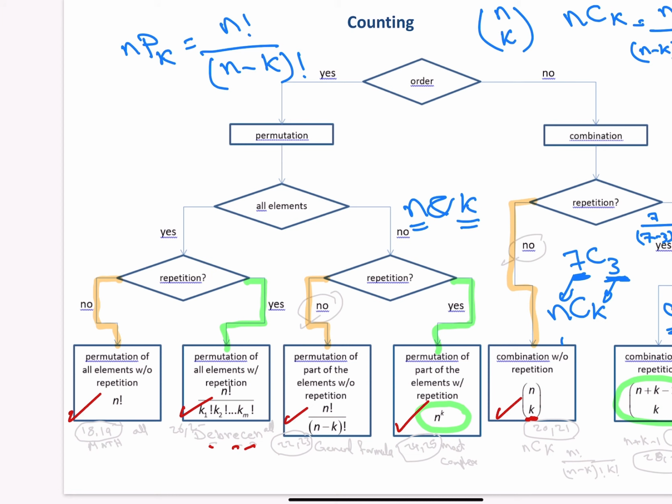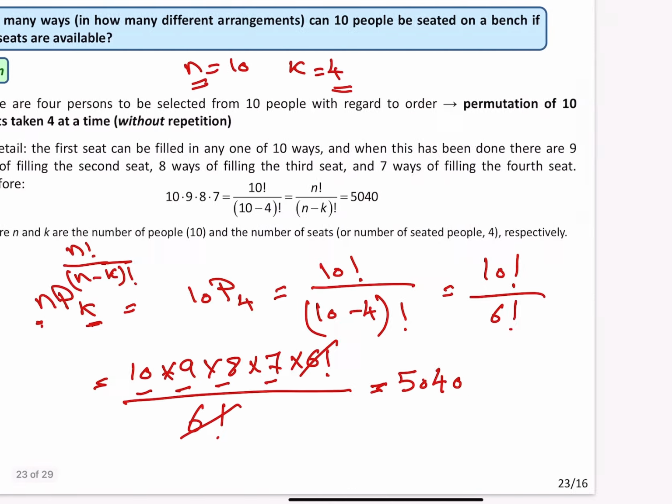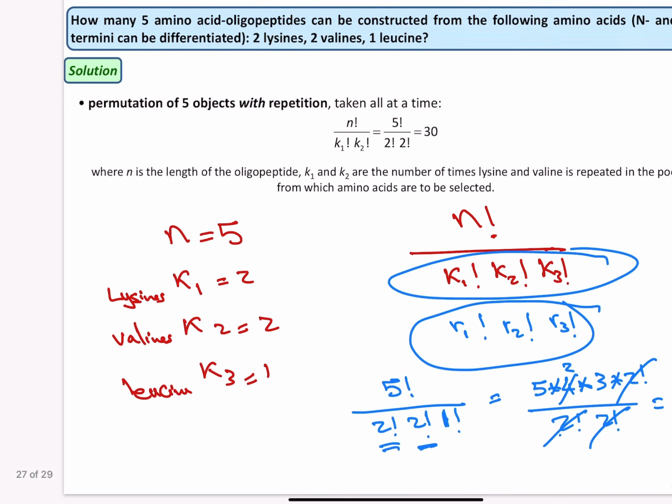If we have a repetition, as I told you, instead of having 7C3, it will be 7 plus 3 equals 10 minus 1, so 9C3. If there is a repetition, in this case the 3 will not be the number of selected objects. It will be the number of repeated objects. And it will be clear for us when we come to slide number 29 or 28.